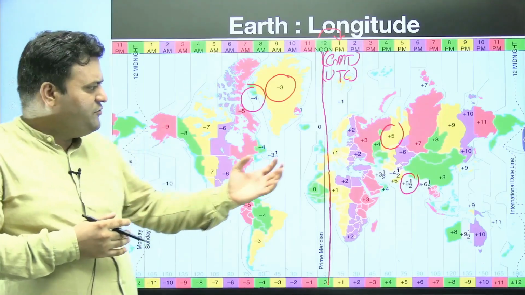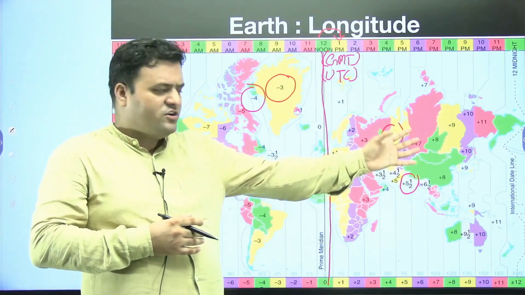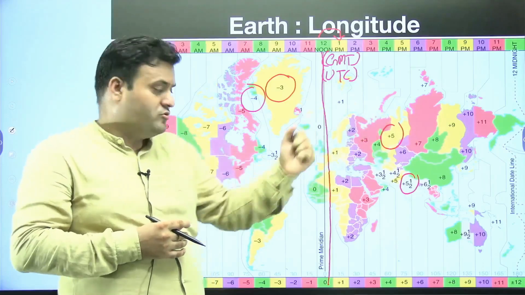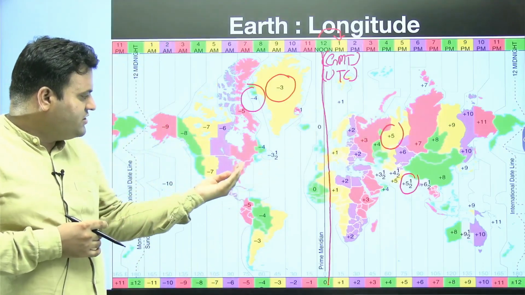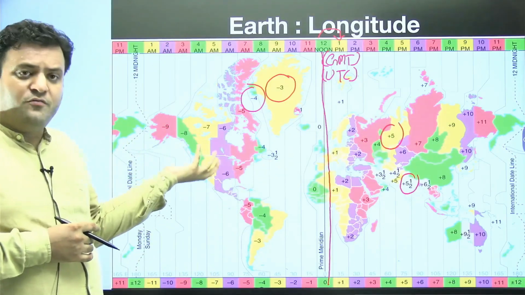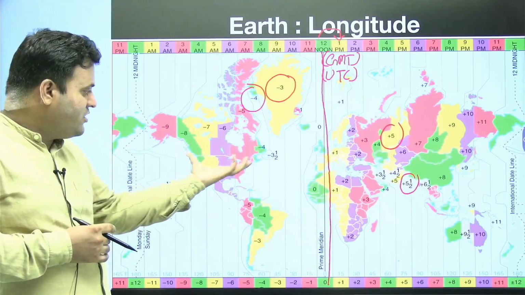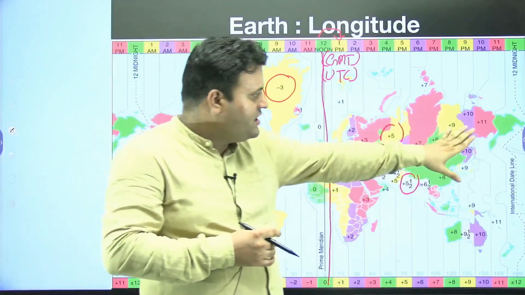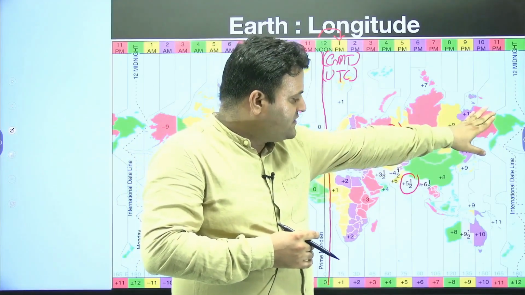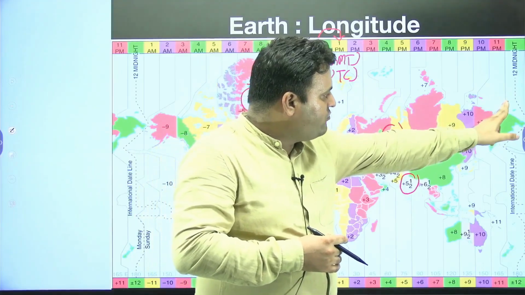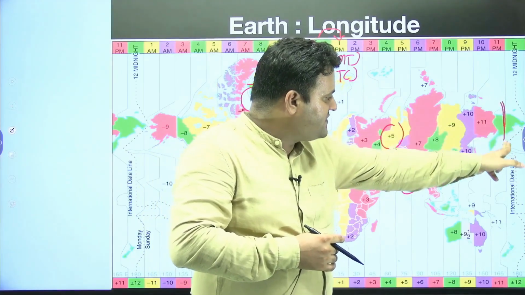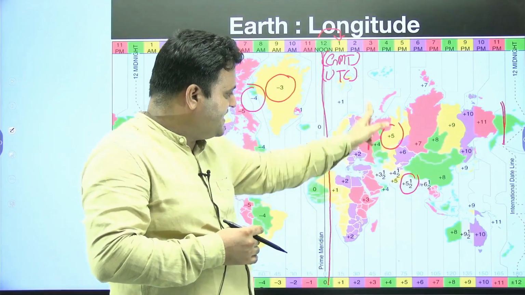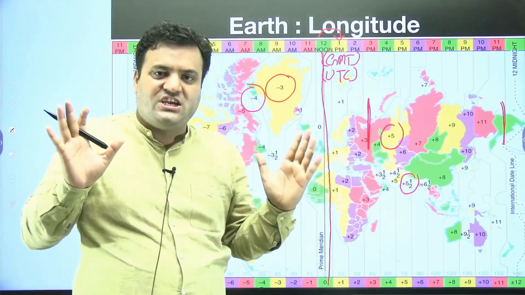Here, if you see Russia, it has around 7 time zones. The USA also has 4 to 5 time zones. It's because of the vast east-west expansion. One part of Russia is at the confluence of 165 degrees east, and another part of Russia is at somewhere around 60 degrees. So you can see the variation.